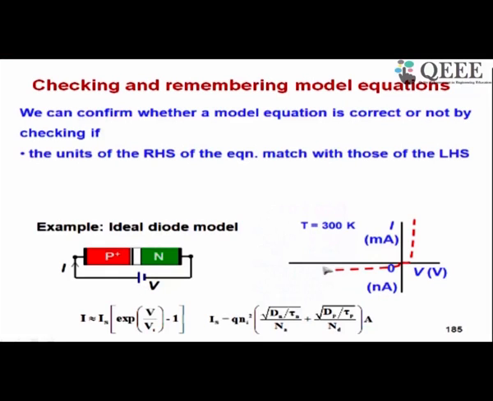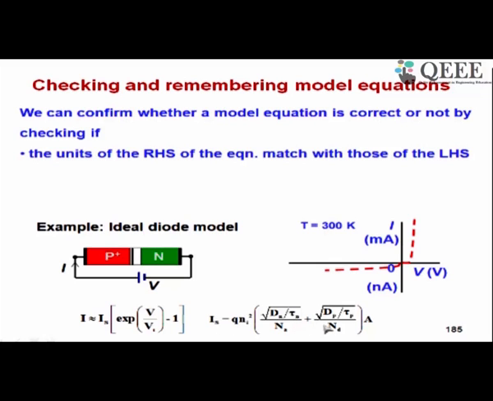We can confirm whether a model equation is correct or not by checking if the units of the right hand side of the equation match with those on the left hand side. Even before we go to the limits, first we should check the units. Now let us check. I have written a lengthy formula for Is. Did I forget some terms here? How do I know? The way to do it is, let us check the units first. So let us write down the units of the right hand side here.